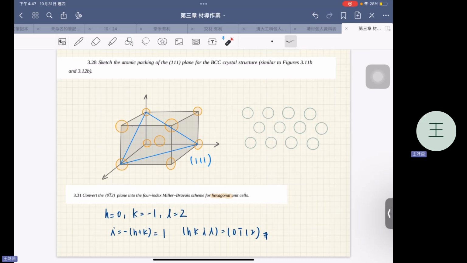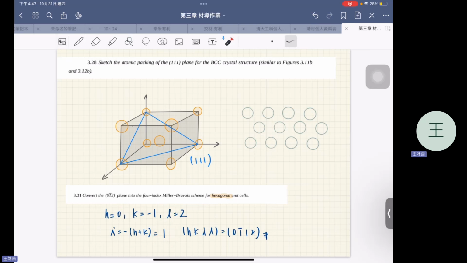And for 3.31, we want to convert the 0, -1, 2 plane into a 4-index Miller-Bravais scheme of the hexagonal unit cell. We know the 4-index term will be HKIL, so I equals minus H plus K. We know H and we also know K, so we put them in and I will be 1.